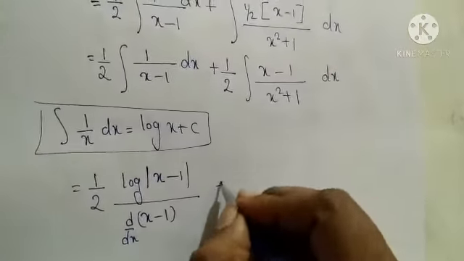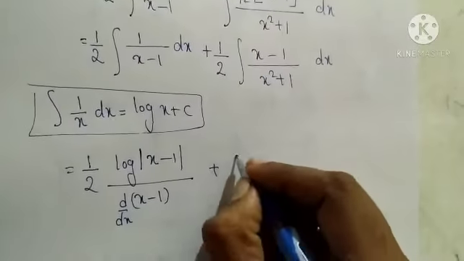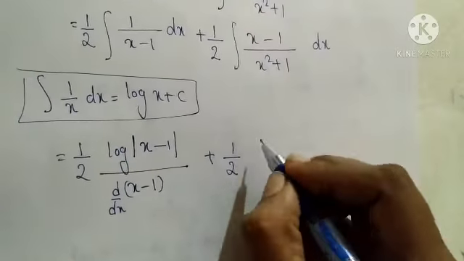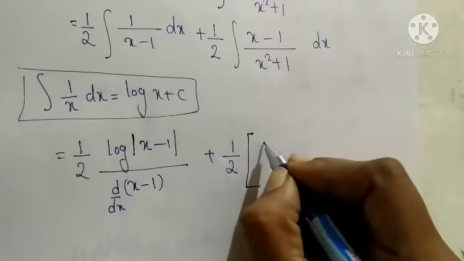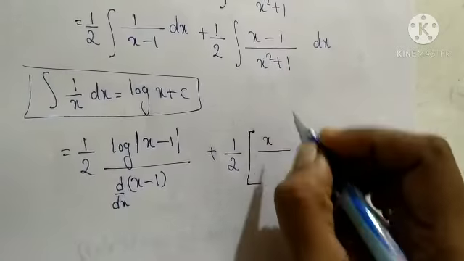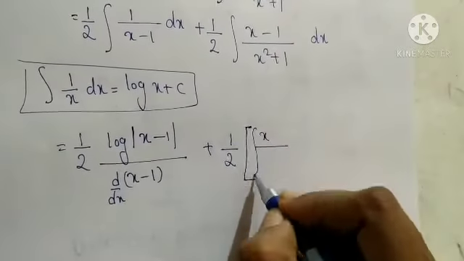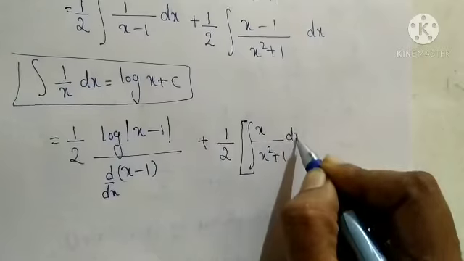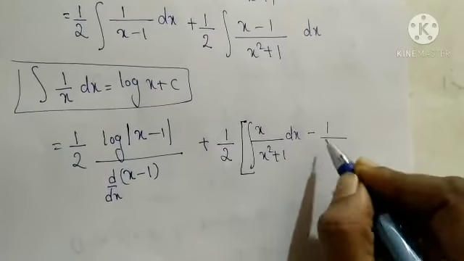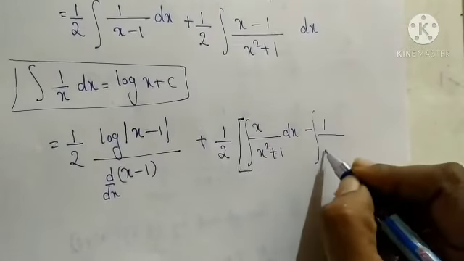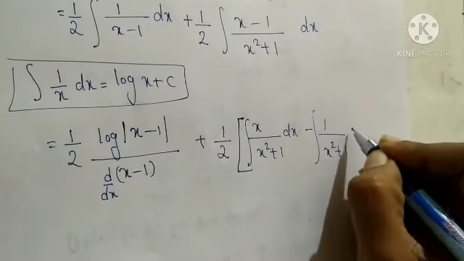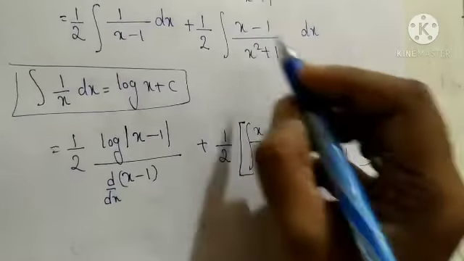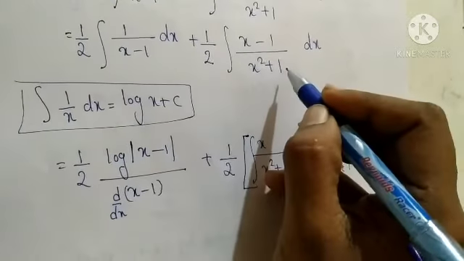Okay, plus in this section I am going to divide individually. So here we get integral x divided by x square plus 1 dx minus integral 1 divided by x square plus 1 dx. Okay, just divide it individually.